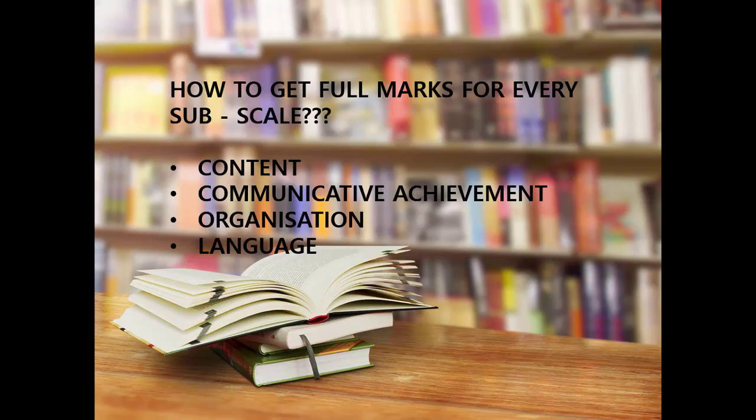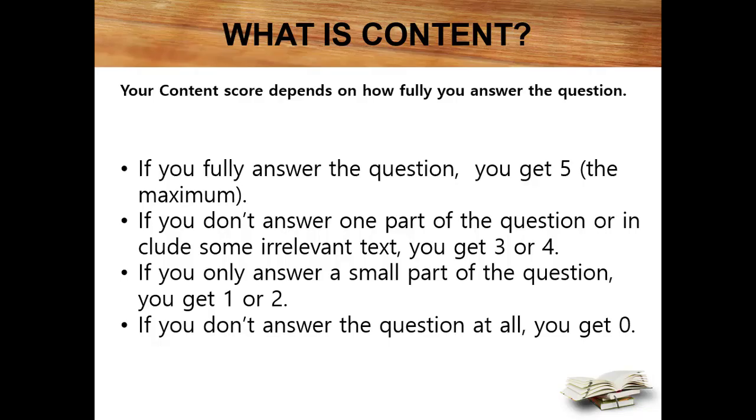So what is content? Your content score depends on how fully you answer the question. This is only the overview. If you fully answer the question, you will definitely get 5, the maximum marks for every sub-skill.